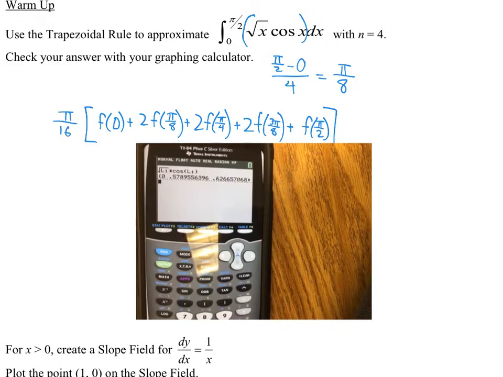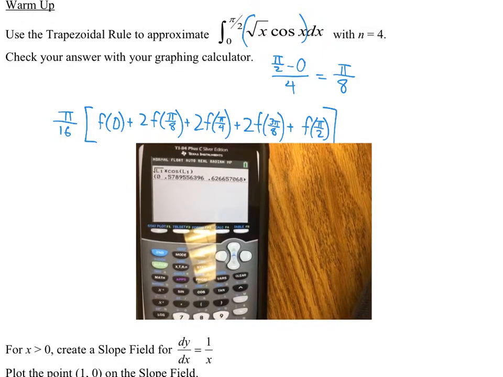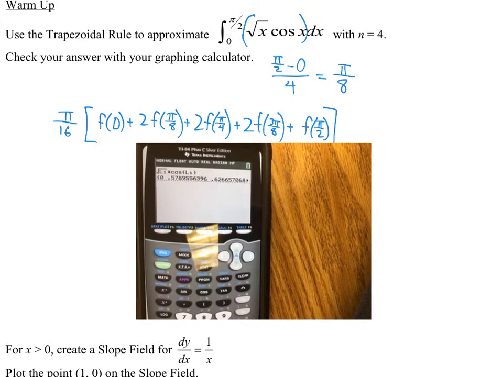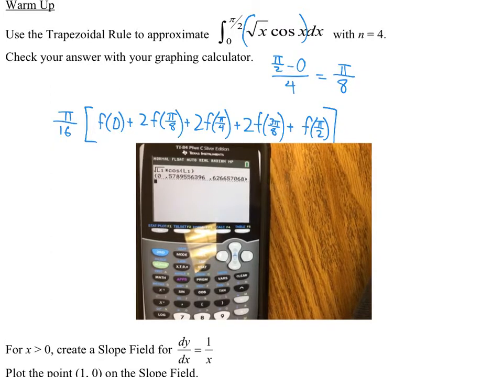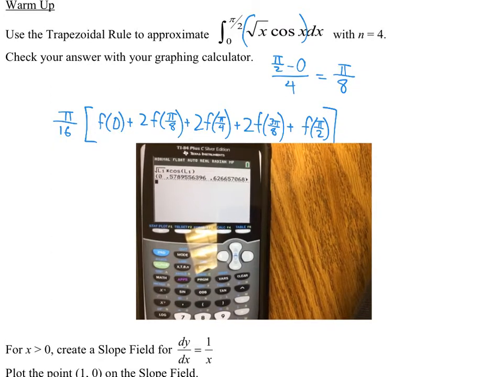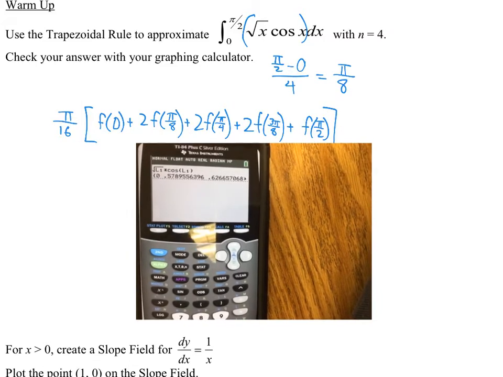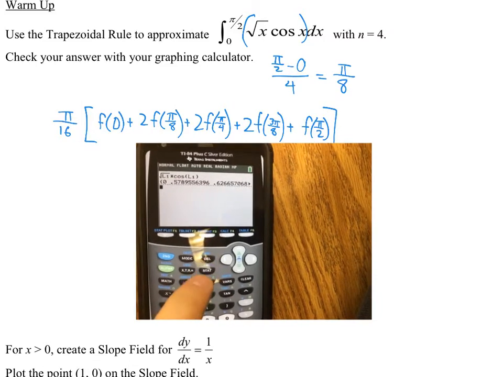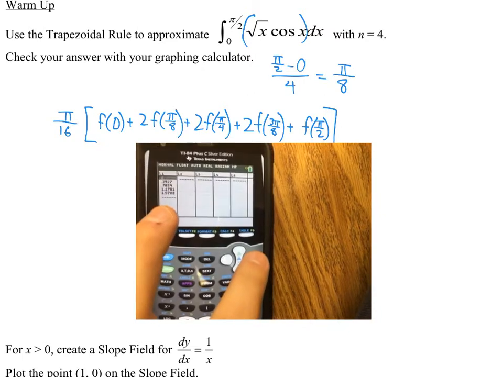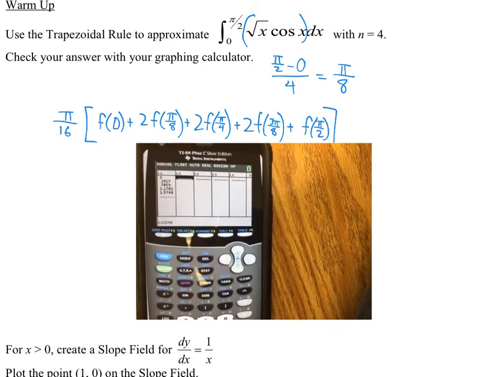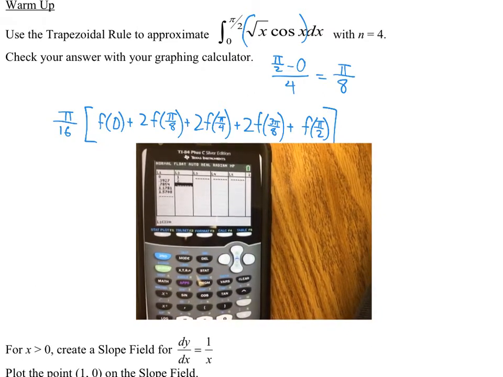All right? And then you're going to add them up and multiply by pi over 16. Close. So what do we have to do before we add them up? Store. We could store it or we could just keep it here, but what do we have to do? Multiply by 1, 2, 2, 2, 1. Exactly. Okay, so if I go back to Stat Edit, I need a list that has 1, 2, 2, 2, 1 in it.